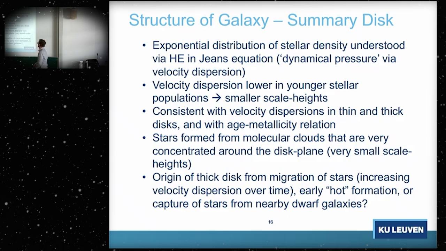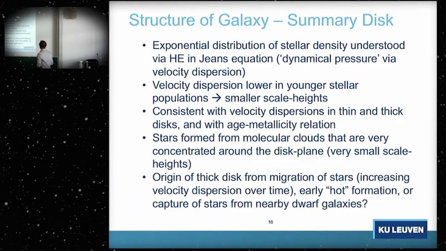Another is the opposite, and that is an early hot formation scenario. That is that you form at an early time, perhaps in very turbulent star formation sites, such that you form a hot disk first, and that then settles down into a more quiescent disk.